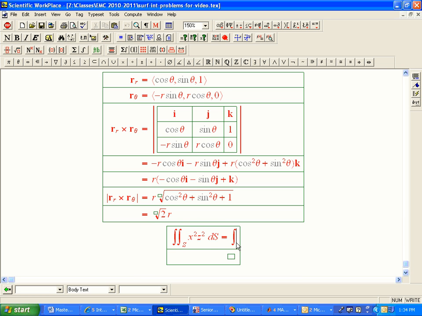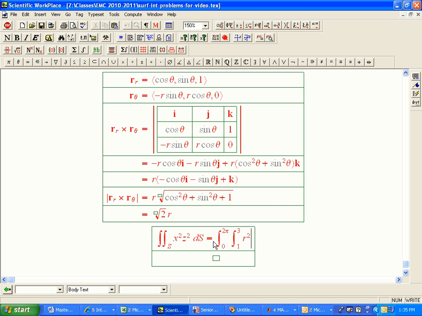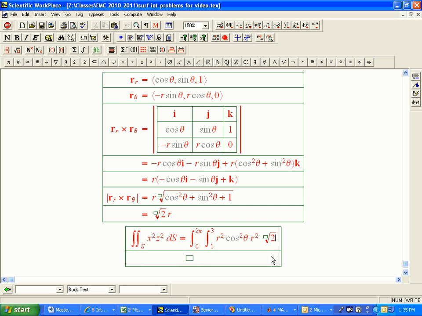So this is going to be the integral from 0 to 2 pi, that's going to be the theta limits, 1 to 3 in r rather. And now x squared z squared is just r squared cosine squared theta times another r squared, and then times the dS is now root 2 r dr d theta.